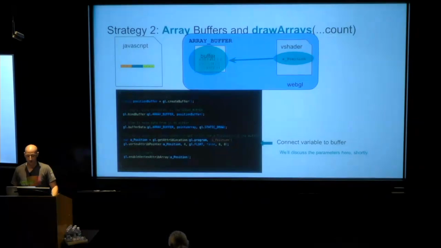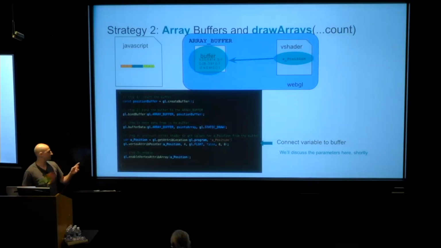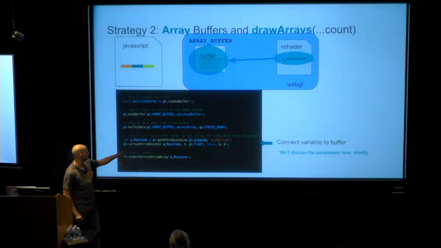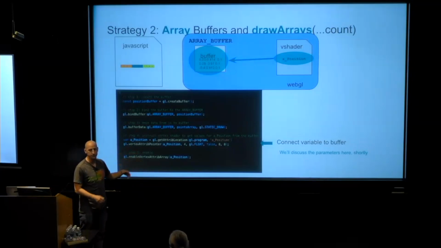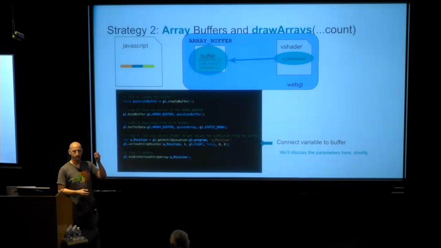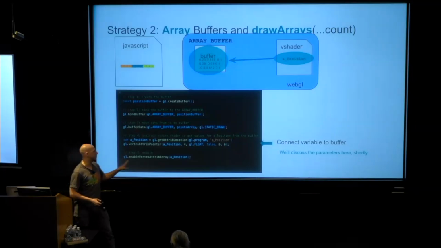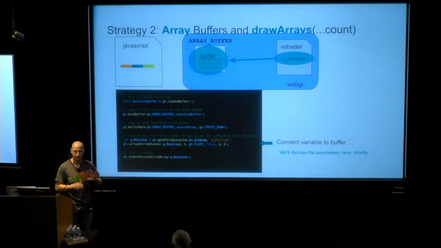I haven't come across that in this use case. Maybe for deferred rendering, I've used it once, but I can't think of a reason why you have to do that. The one tricky thing here is this vertexAttribPointer. This is equivalent to passing a position, but there are more arguments here, and we'll go over those arguments in a little bit, but for now, it's magic.